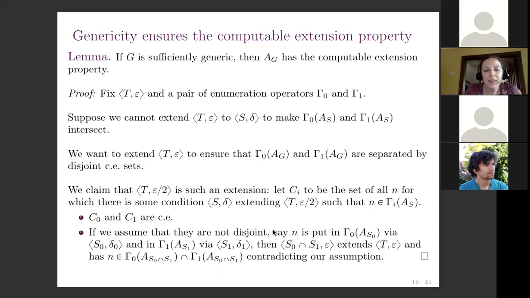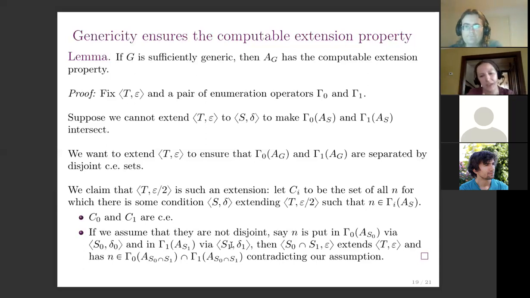And they're disjoint, because if we assume that they're not, if there's some n that gets put in both gamma 0 and gamma 1, relative to some S0 and some S1, then because we only used epsilon divided by 2 in both cases, so we were limiting the amount of extensions we're cutting severely, we could just take the intersection of the two trees, and now we have only cut out an epsilon proportion of them.